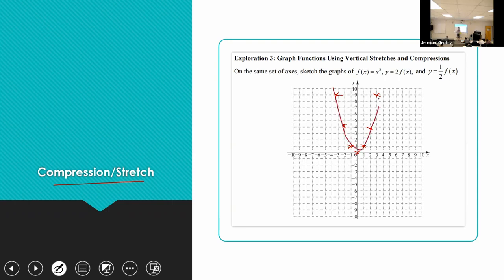Well, that's the same point then, right? What about my y of 1? What's 2 times 1? 2. So now I'm here. At 2, I'm at 4. What is 4 times 2? 8. So here, I'm at 8.